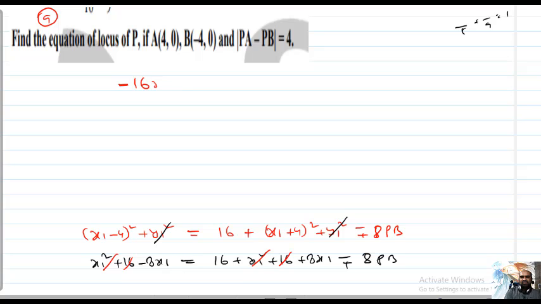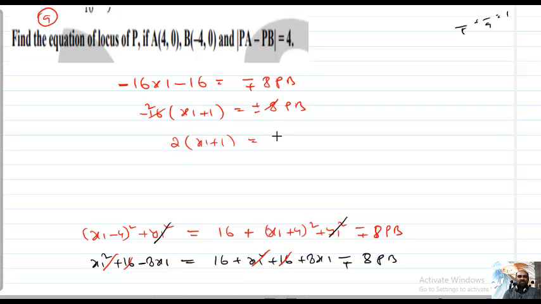Minus 16x1 minus 16 equal to minus 8PB. Or in other words, if minus 16 is taken common, x1 plus 1 equal to minus 8PB. 1s are 8, 2s are, so 2 times of x1 plus 1 equal to minus r plus PB, no problem, that is not a big issue.